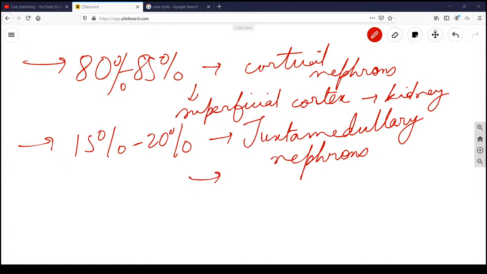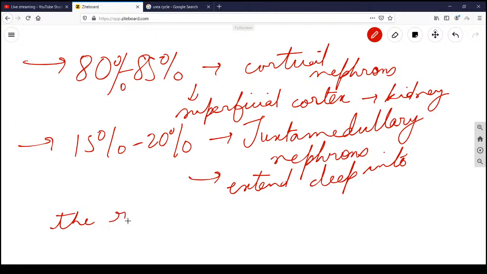They are very essential in the sense that they have long nephron loops. Long means they have an additional thick ascending limb, and they extend deep into the renal pyramids of the medulla.